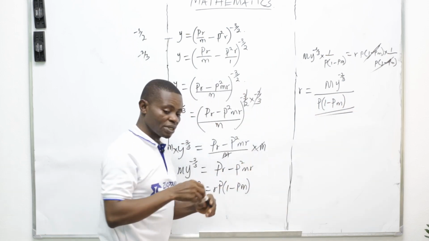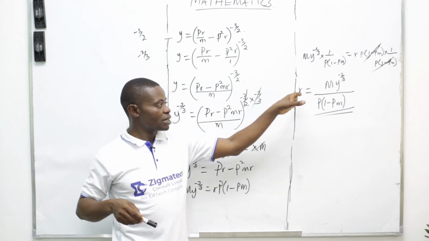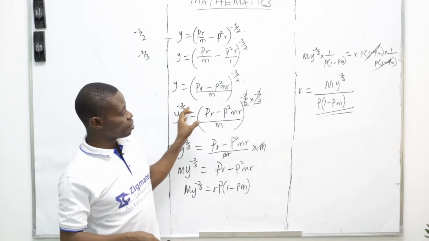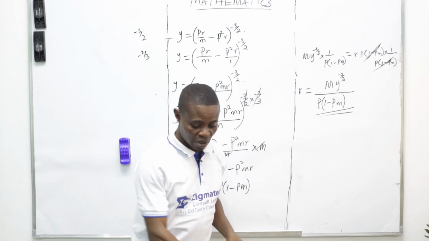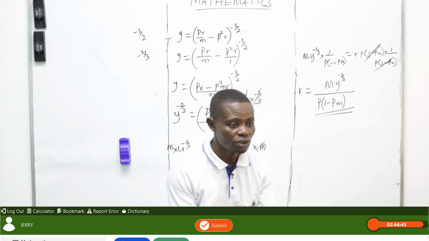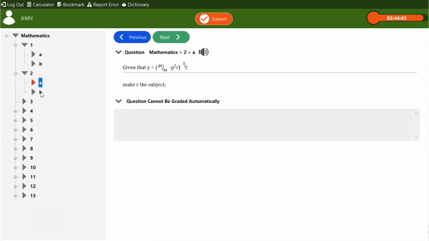You have successfully made r subject of the formula. That is r for you, subject of the formula. The b part says, find the value of r when y is minus 8, m is 1, and p is 3.